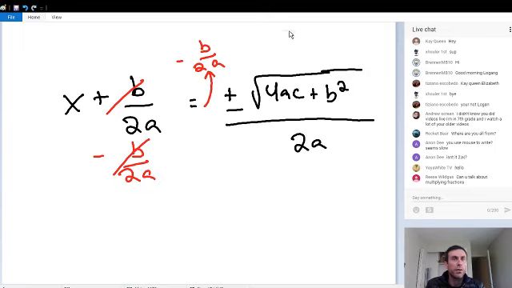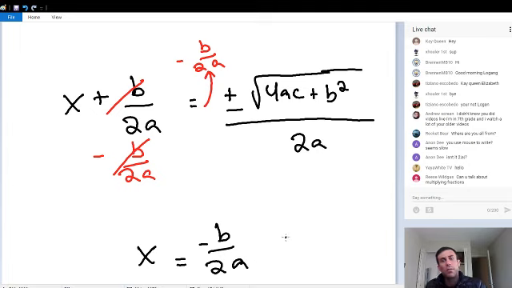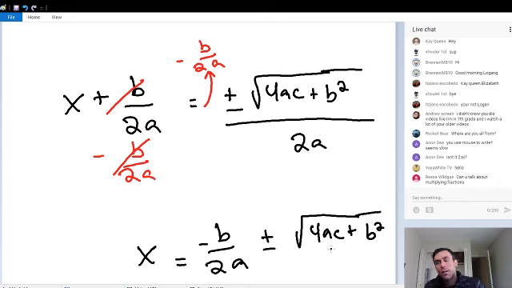And we are left with x on the left-hand side of our equation. On the right-hand side, we have negative b over 2a, and then we also have a plus or minus the square root of 4ac plus b squared all over 2a.